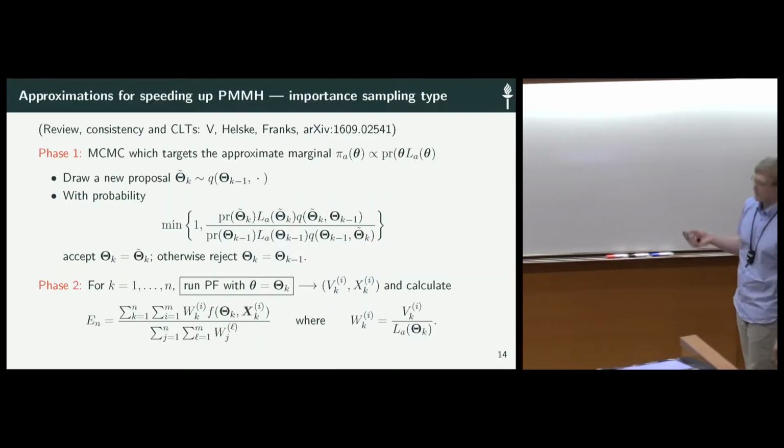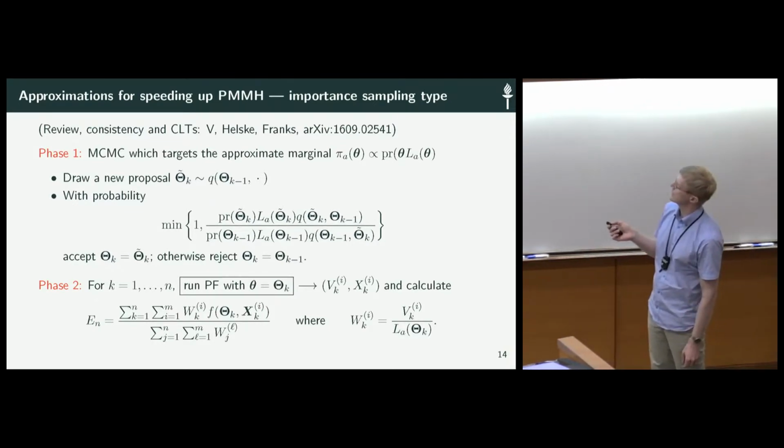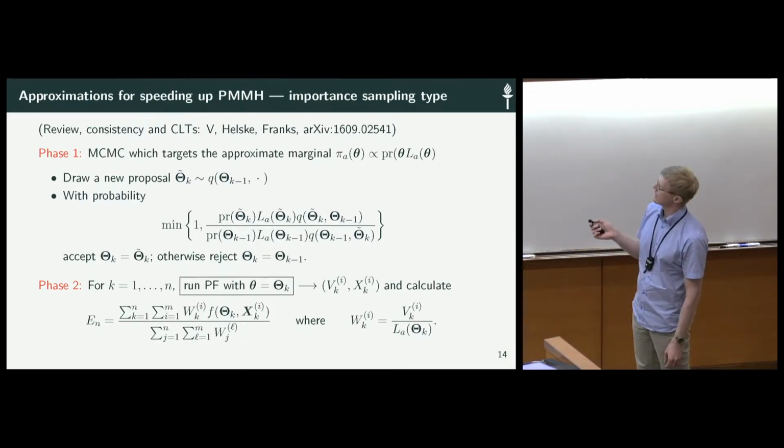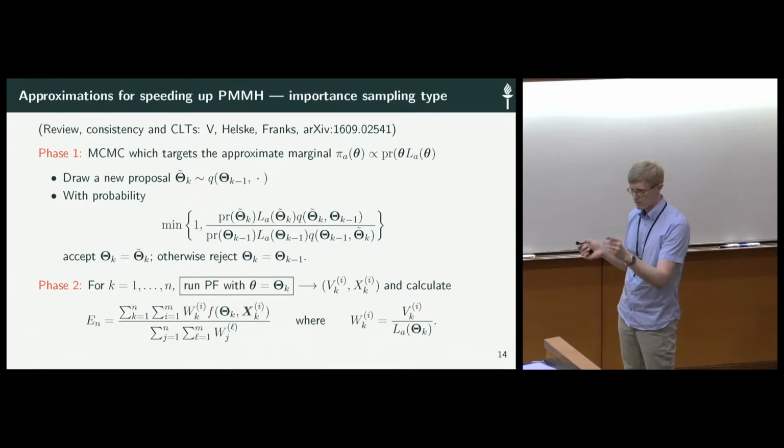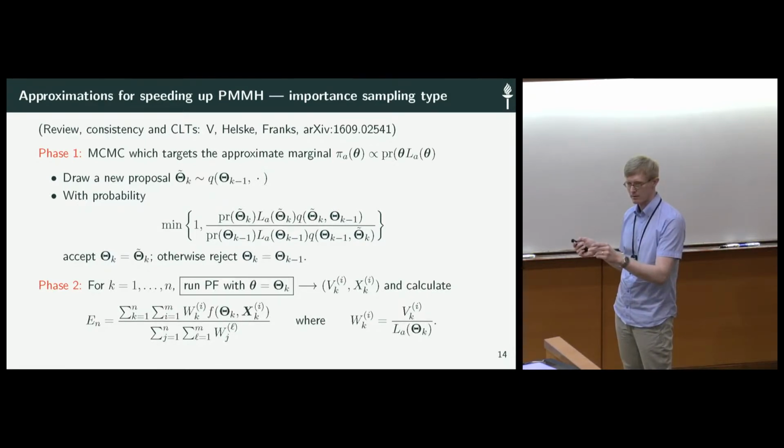And if you notice that, this comes as no surprise. So basically this is like the delayed acceptance algorithm, the first two steps of that algorithm. You propose and you accept or reject by the approximate likelihood, but then that's it.